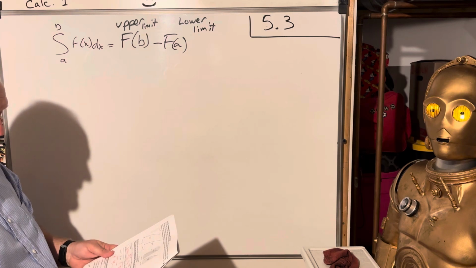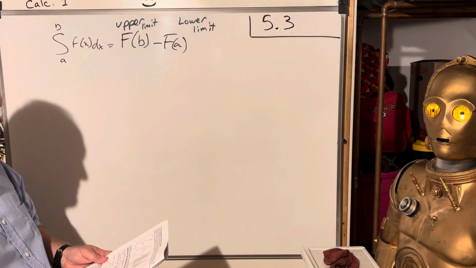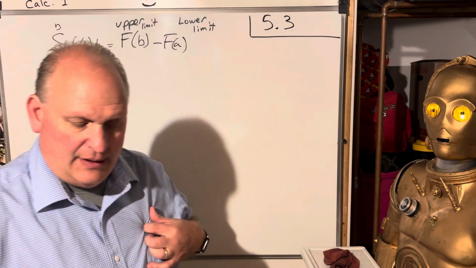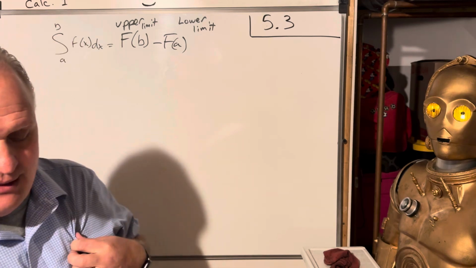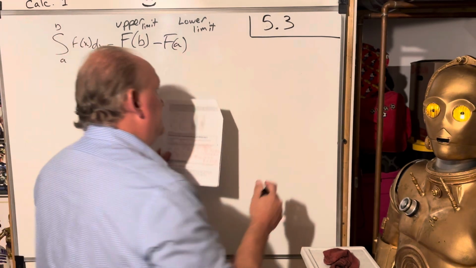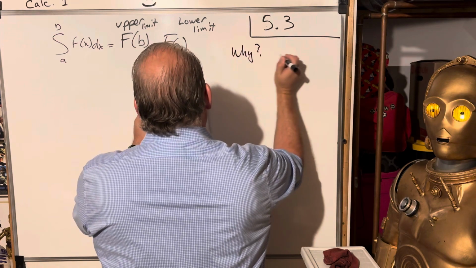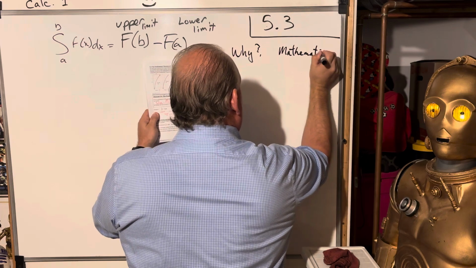When we have a definite integral with numbers for bounds, we don't use c for constant anymore. And it says why, because mathematically they will work themselves out, kind of.